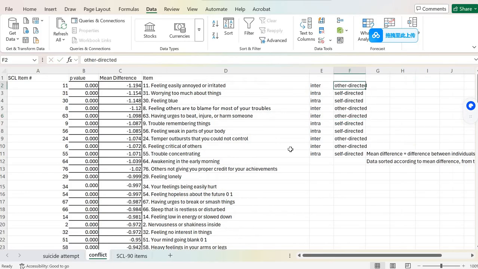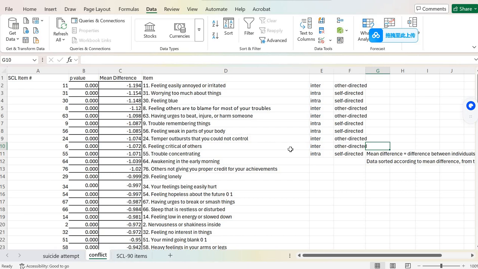But for people who have conflicts with other people, let's count up. Count up other-directed, interpersonal. That's 1, 2, 3, 4, 5. 5 of the top 10. Half of the symptoms are other-directed, hostility directed to other people.